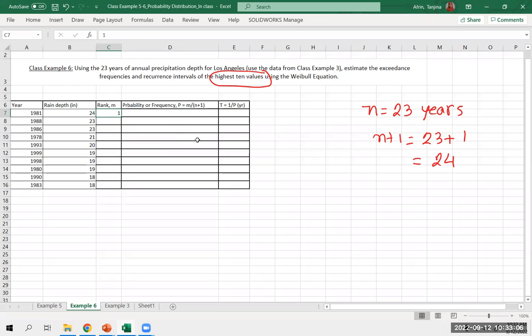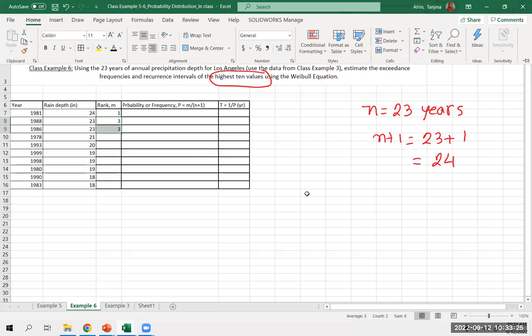Like if two people have the same qualification, same years of experience and everything, they will have the same rank, maybe like major, captain, something like that. So in that case, since we have 2 and 3, we can't use 2 and 3. We will just use the maximum one, 3. Both of these will be 3.